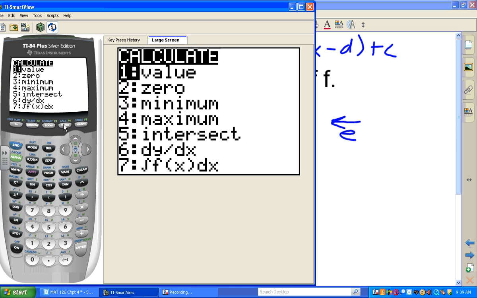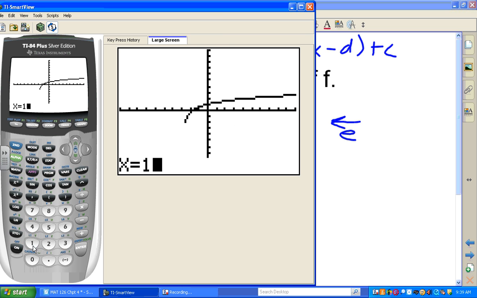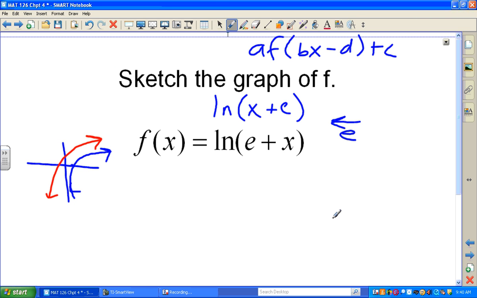Second, calculate the value at 1 minus e. I'm hoping it comes out to be 0, don't you? It does. How fancy is that? I did that just to make sure it crossed right there. Because normally, this point right here is 1, 0.